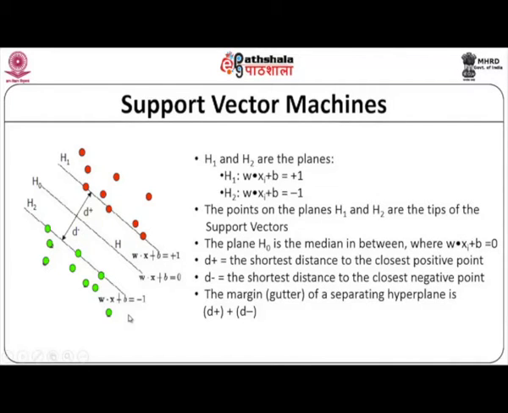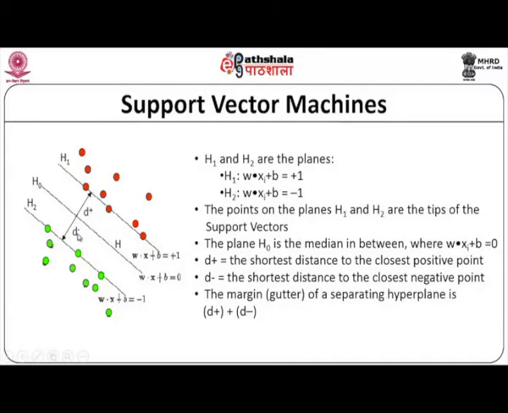Here from this diagram we can see there are two notations, d plus and d minus. Here d plus is the shortest distance to the closest positive point. In other words, from the set of data associated to one class label, we identify a point that is very close to the hyperplane H0 or the median plane H0.